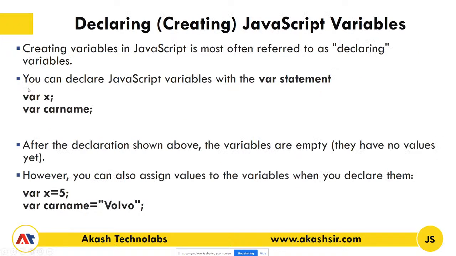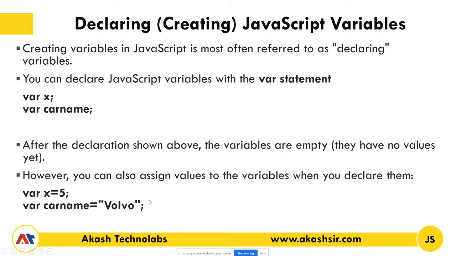So this is a simple statement, or we can say this is a simple example of variable declaration. So here you can see this is my variable x and this is my variable carName, and you can specify the value. The variable x has a value of 5, the variable carName has a value of Volvo.